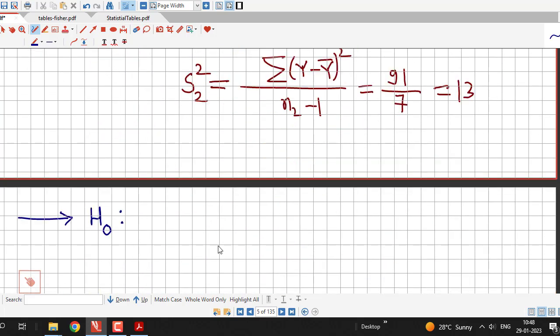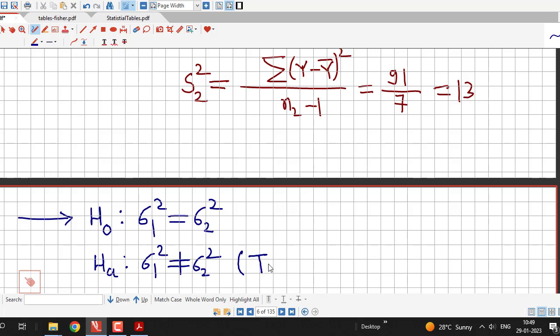So we assume that the samples are drawn from two normal populations with equal variance, and the negative statement for this is that the population variances are not equal. So sigma 1 square and sigma 2 square are not equal. This is an example of a two-tailed test.